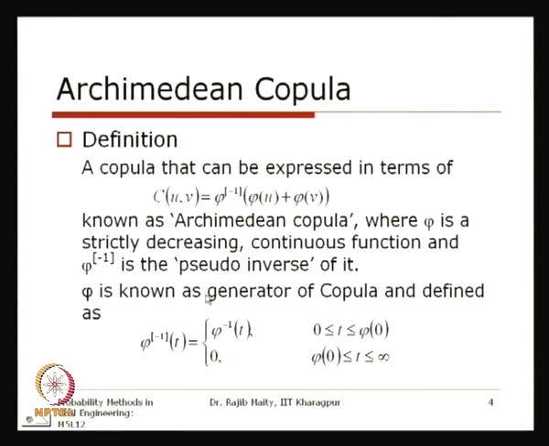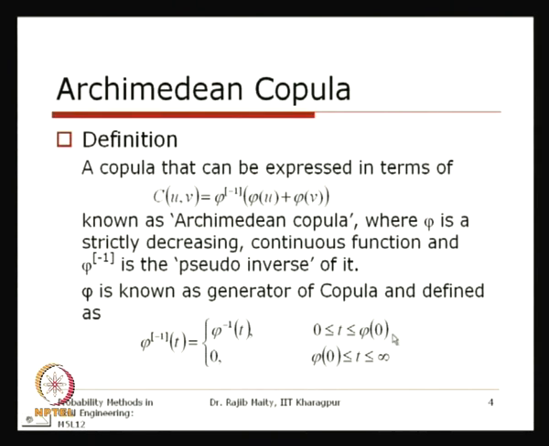So, phi is known as the generator of the copula, and this pseudo inverse applies to what we have written inside, phi u plus phi v. The pseudo inverse is explained in this form: it equals the inverse, the -1 written without the straight bracket, as long as t is between 0 and phi 0.